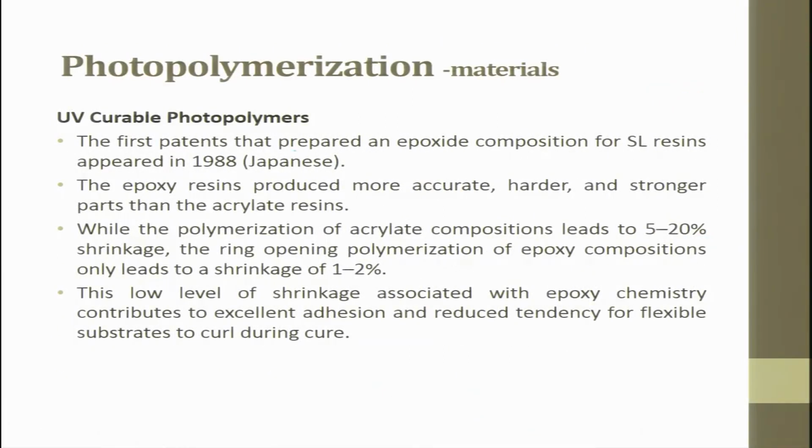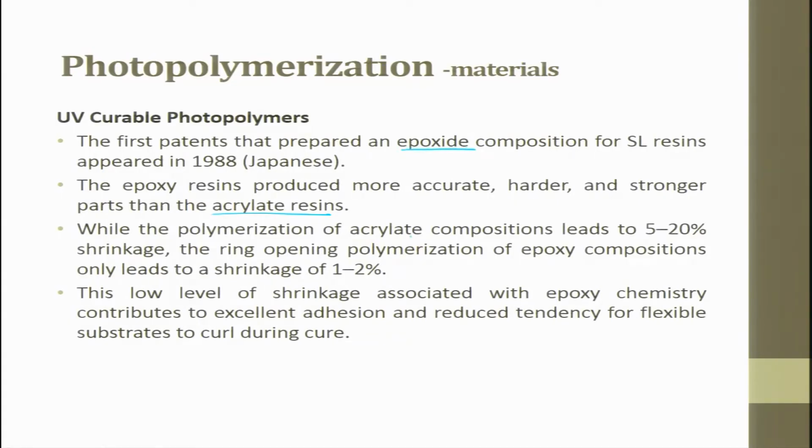The first patent that prepared an epoxidized composition of SL resin appeared in 1988 in a Japanese patent. The epoxy resin produced more accurate, harder and stronger parts than the acrylate parts. So, polyepoxidized composition.